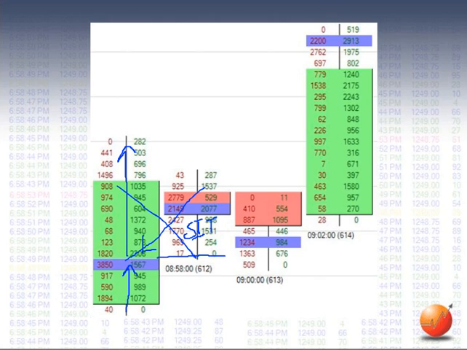But what I see here is responsive buying. So it may have taken a few minutes for this to develop into something that I can look at. Now, why would this be important to me here?